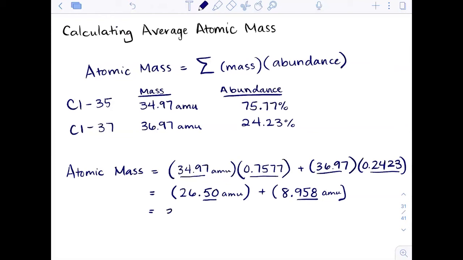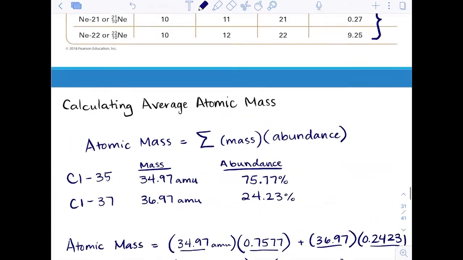So my value should only have 2 decimal places. I'm only as accurate and precise as my data. So there is our calculated atomic mass for chlorine. Not chlorine 35, not chlorine 37, average atomic mass for chlorine element.